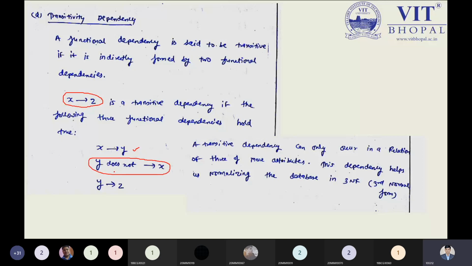And third, we have y determines z. After applying all these three functional dependencies, we can observe x determines z. This is known as the transitive functional dependency.